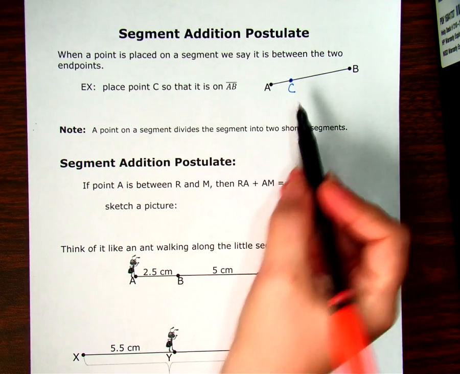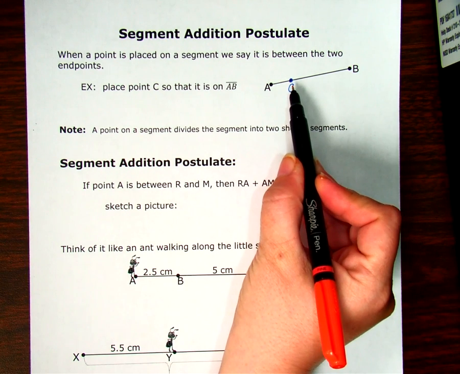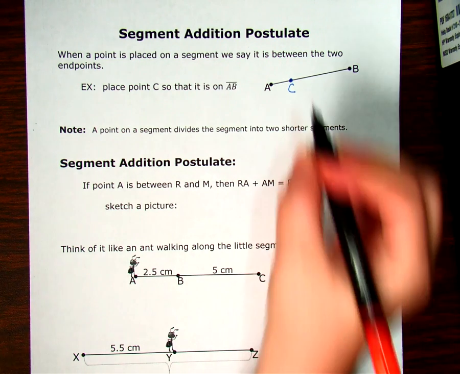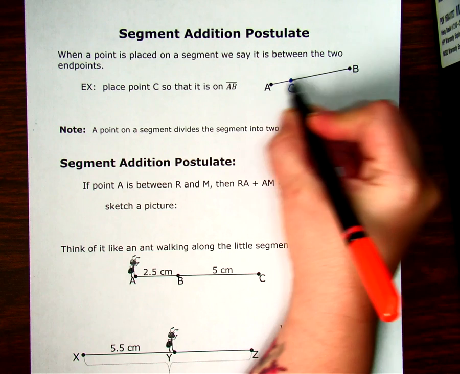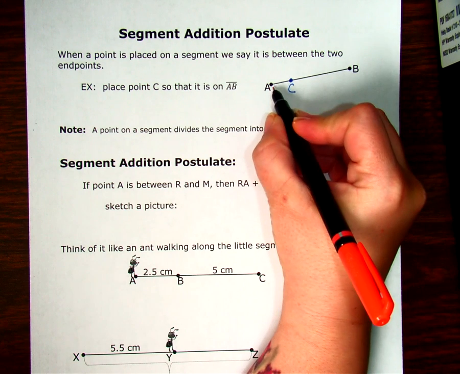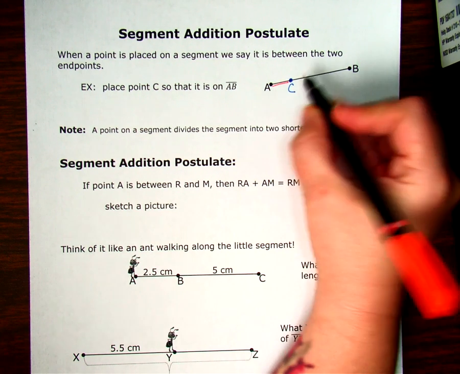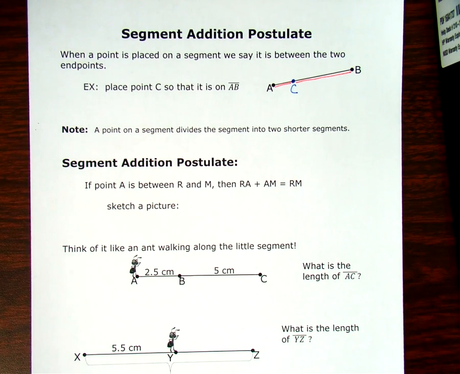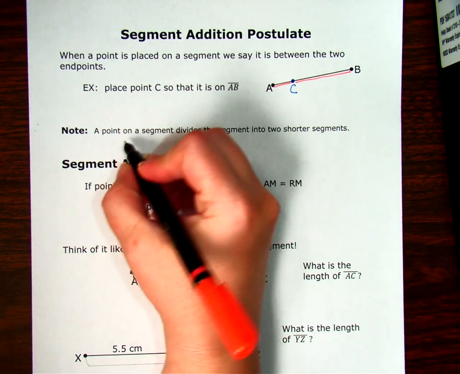Now, the next important thing to know is when you do have a point on the segment, that point divides the segment into two shorter parts. So I can see that this segment AB has been divided into segment AC and segment CB. So a point on the segment divides the segment into two shorter segments.